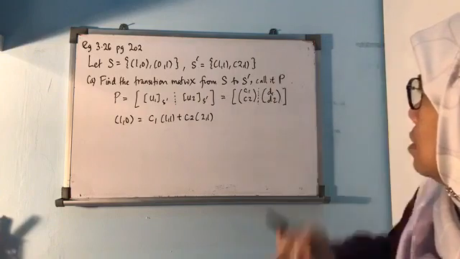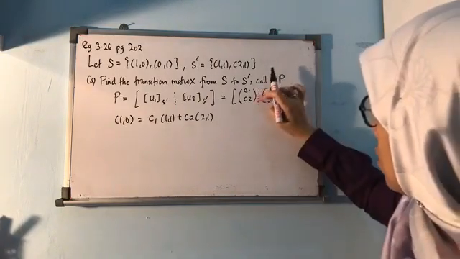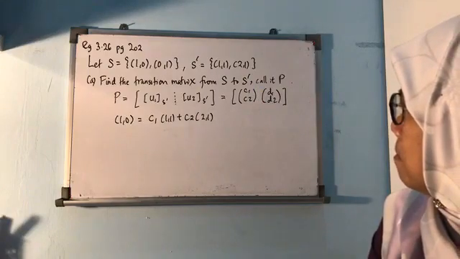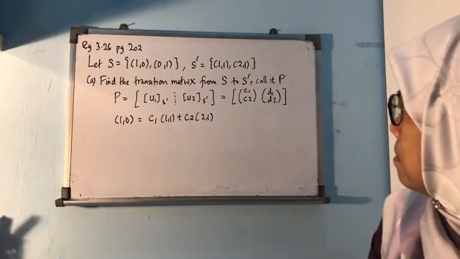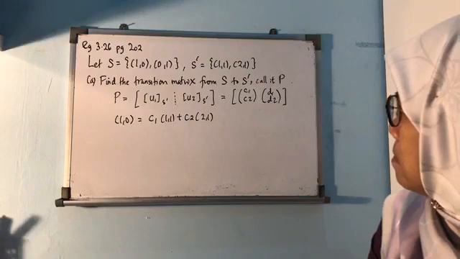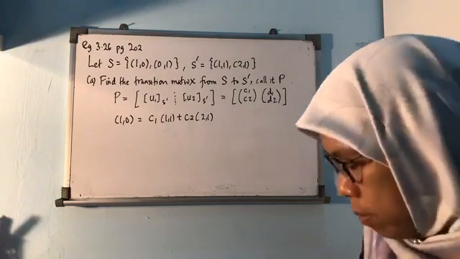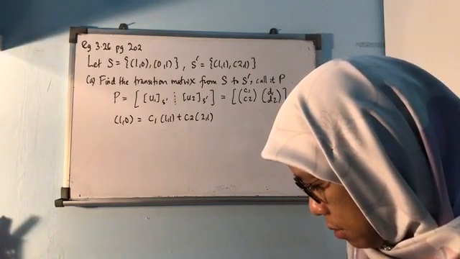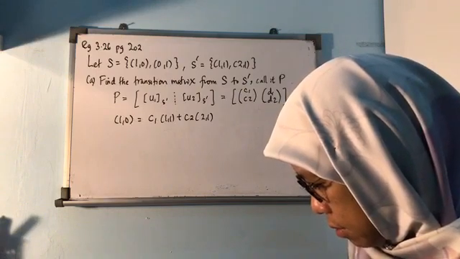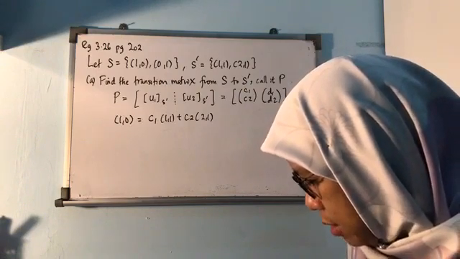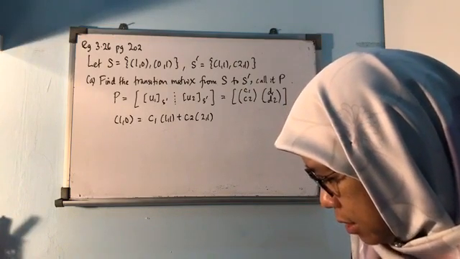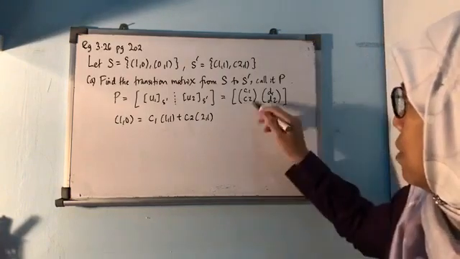When you write the coordinate vector inside the matrix, you don't have to write the double brackets like this.